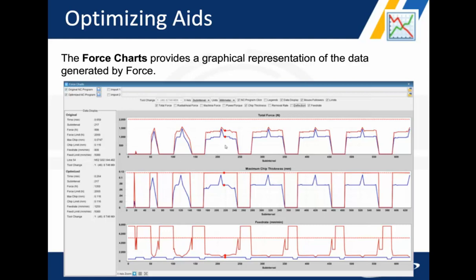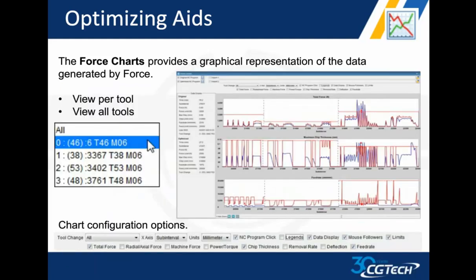I've got interactive information on the left side that shows me what's going on during the cut. I can see both the optimized information as well as what we call analyze, which is the original program. I can see it with one tool at a time, or I can see the chart with all the tools.